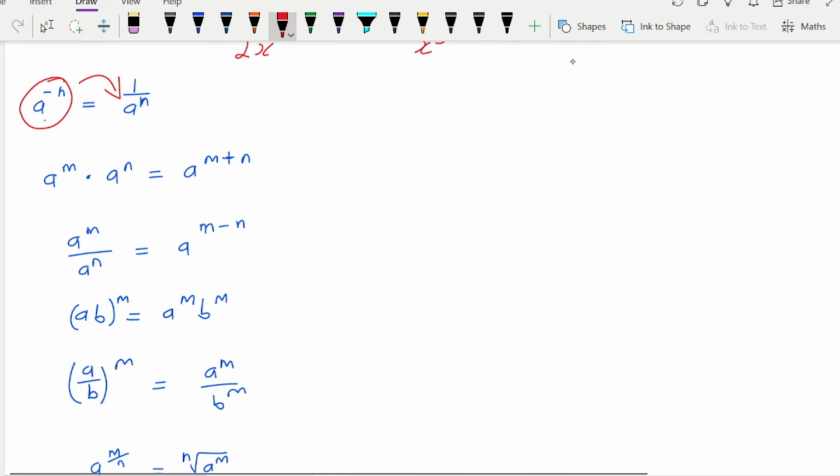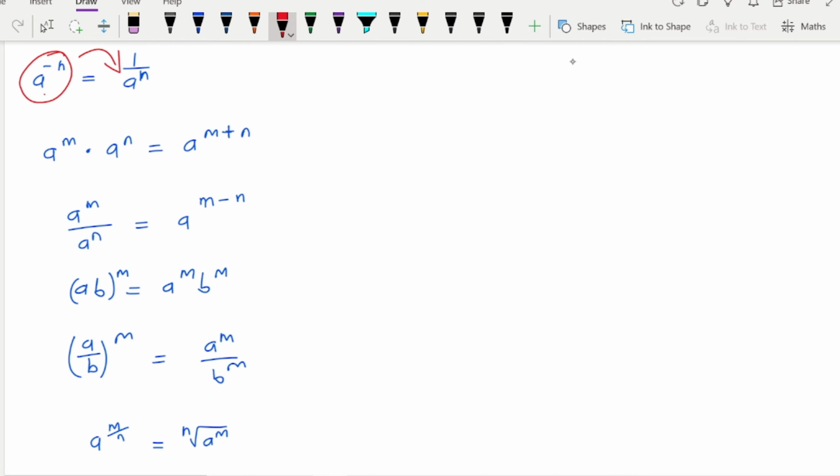Then moving on to the third one, this is just the exponent rule for addition. Which simply means that if you have a common base, which is a in this case, and then we have the exponents, you take just the base and then you add the exponents.